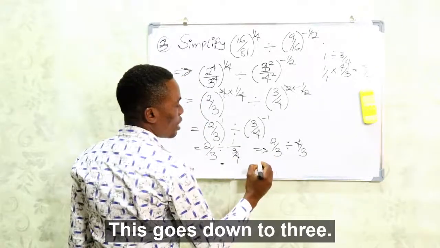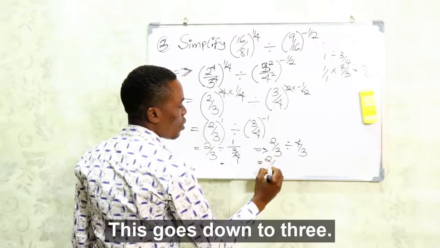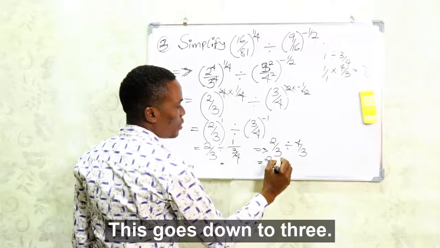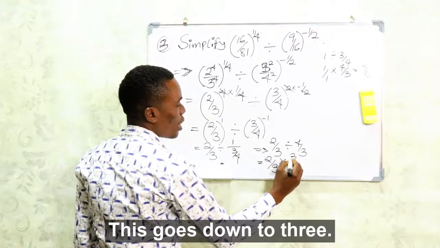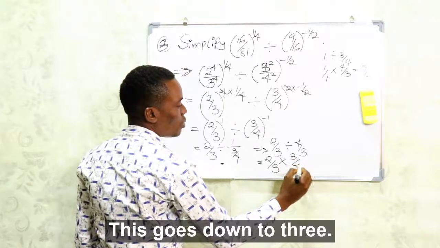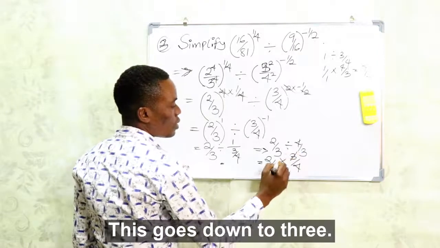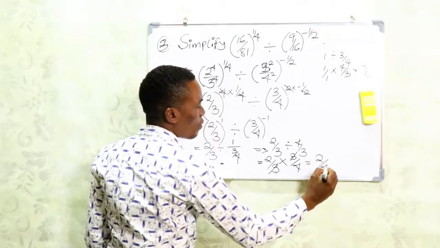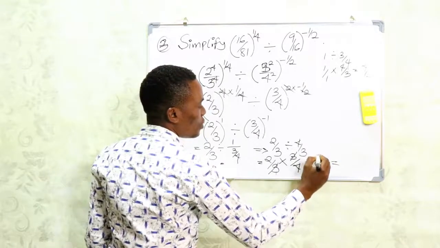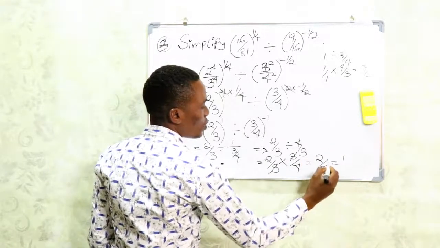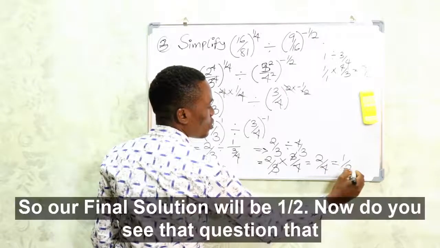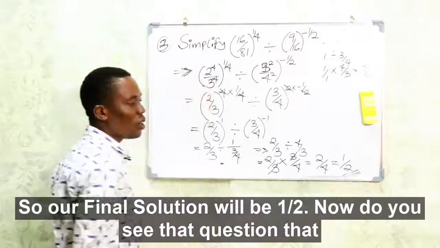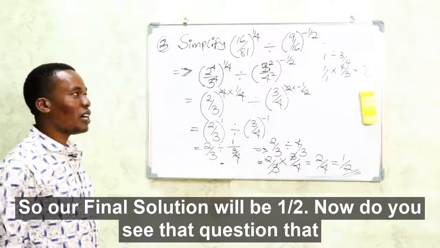So this value will now be equal to 2 over 3. Division sign changes, the power 3 comes up, this goes down. So 3 will cut 3, and this will give us 2 over 4. Simplifying further, our final solution will be 1 over 2.